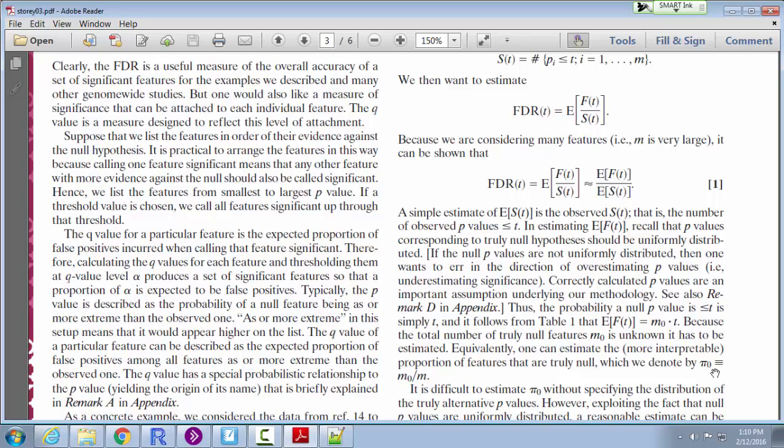Here's that pi 0 from the whiteboard that we had. Pi 0 is defined as M0 divided by M. So pi 0 is just the proportion of your features that are uninteresting, the proportion of features that are null.